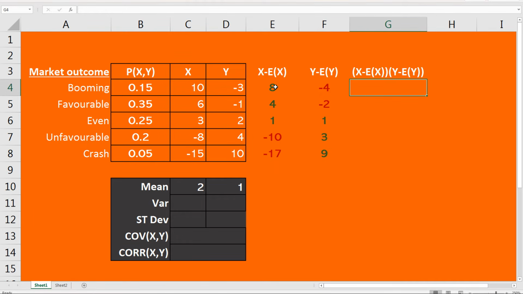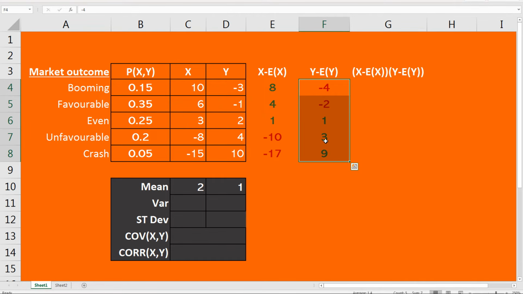So this provides us with a similar situation to the last example, where we have the deviations from the mean for X and the deviations from the mean for Y. And again, we're going to want to multiply them together because ultimately when they're going in the same direction, that tells us that the variables are positively related.